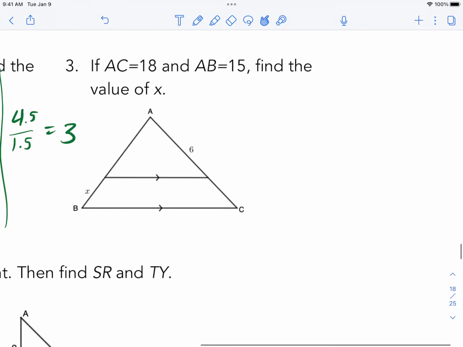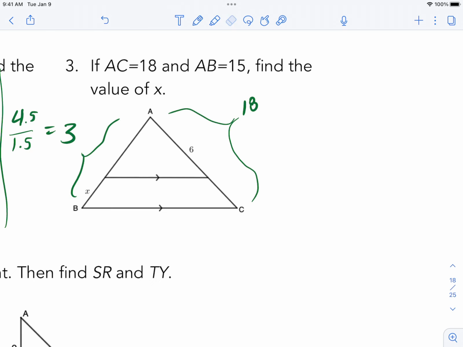All right, number 3. AC is equal to 18. So that means this total length is 18, and AB, this total length, is 15. What's the value of x?